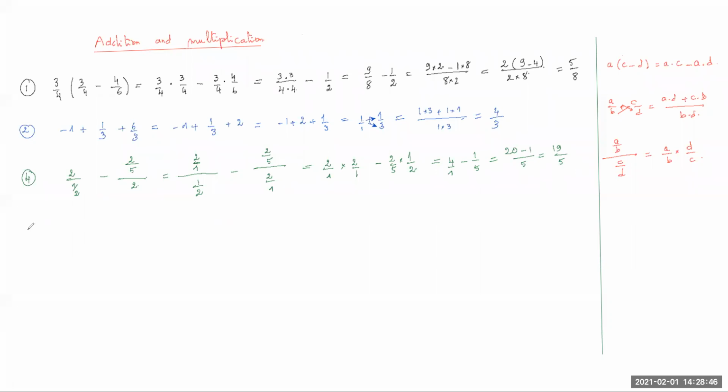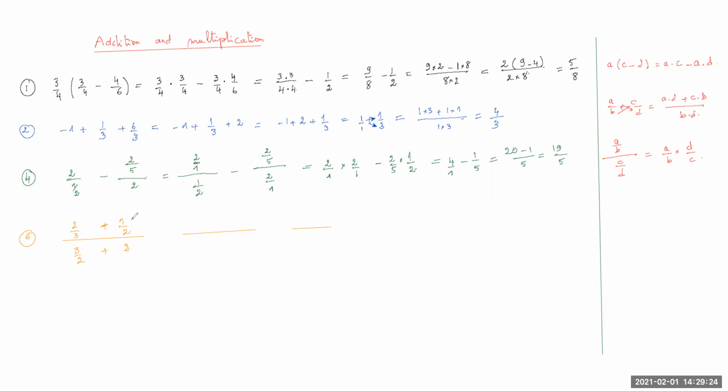So what about another operation? This time a sum of fractions. Look at this one. We have 2 over 3 plus 1 over 2, divided by 3 over 2 plus 2.